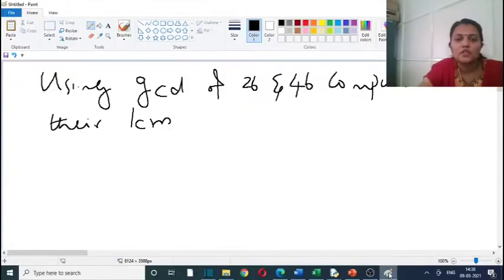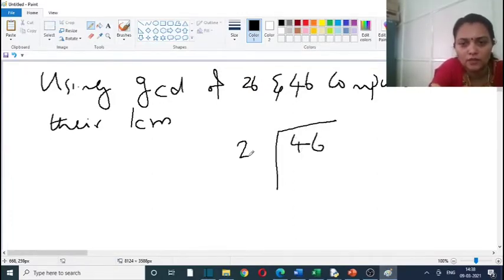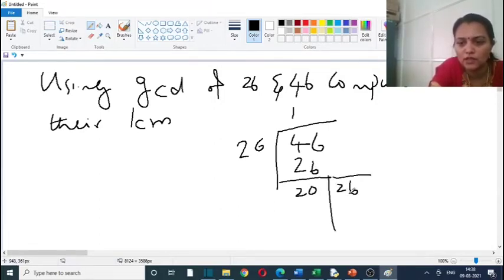Next problem is using GCD of 26 and 46, compute their LCM. So for that we have to find the GCD first. For that I am using the Euclidean algorithm. Divide 46 by 26. The answer is 1. Remainder is 20. Divide again 26 by 20. So the answer is 1. Remainder is 6.